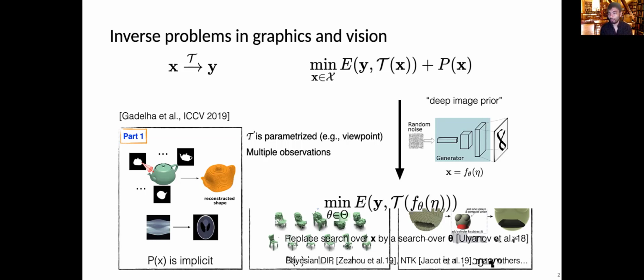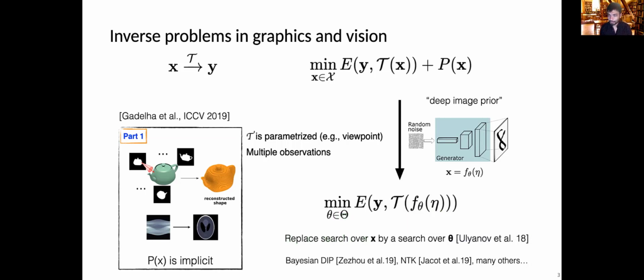And instead of optimizing x, you optimize the parameters of this neural network. It turns out that because of the way these deep networks work, even random parameters generate smooth functions. And in fact, if you replace this p of x by the space of outputs that a neural network can generate, you induce a reasonable prior over natural images.